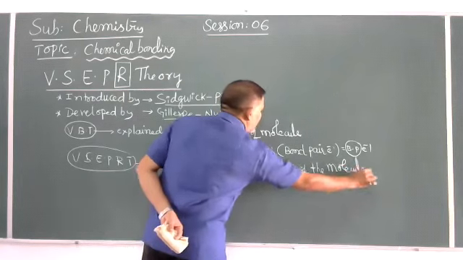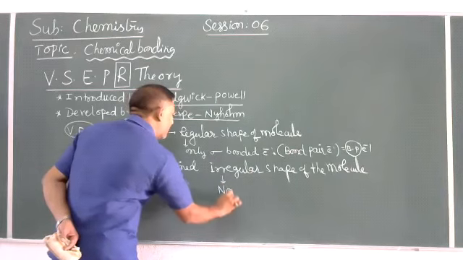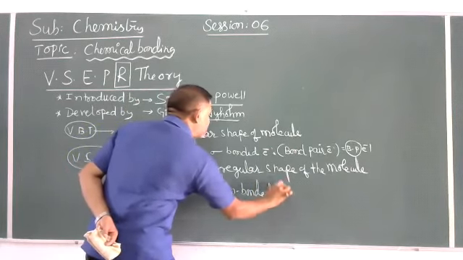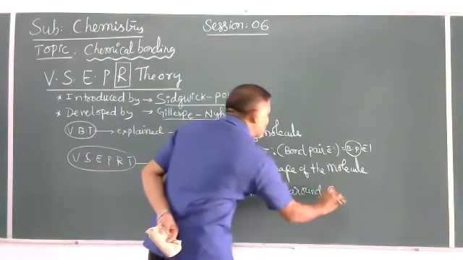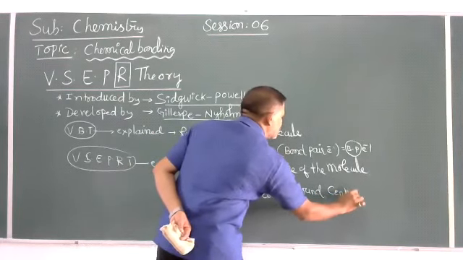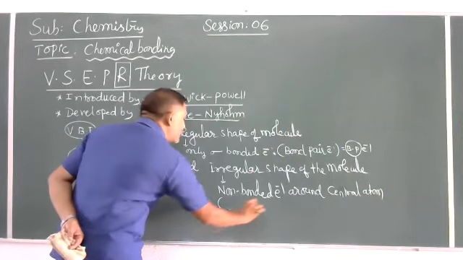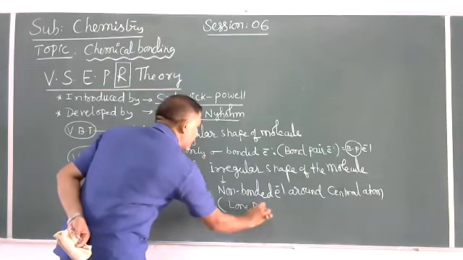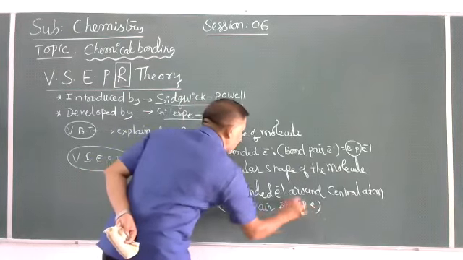To explain the irregular shape, the molecule contains non-bonded electrons around the central atom. These non-bonded electrons are called lone pair electrons, LP.